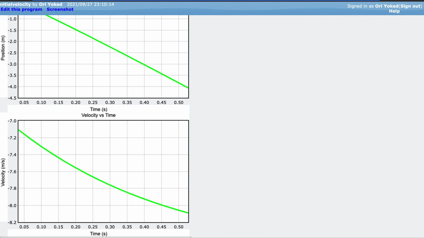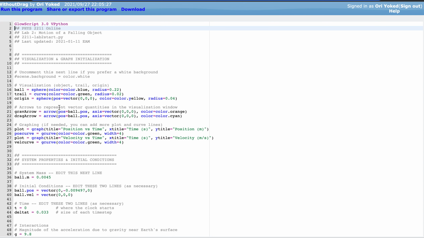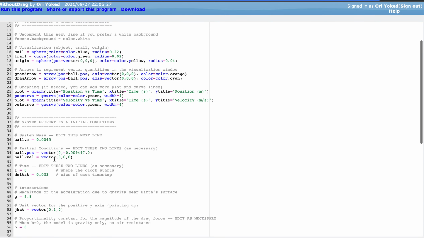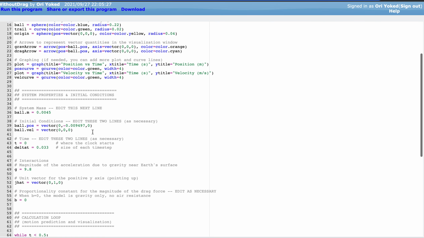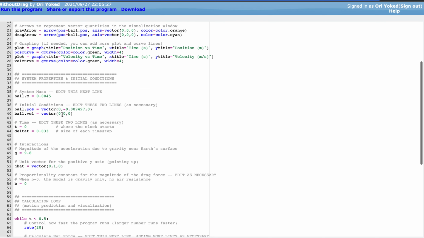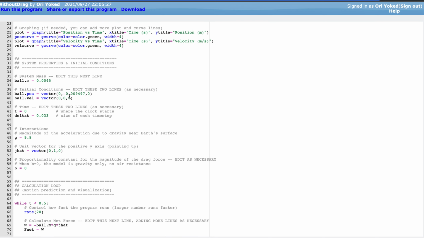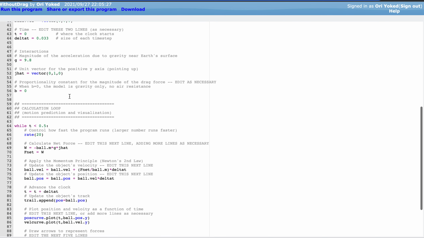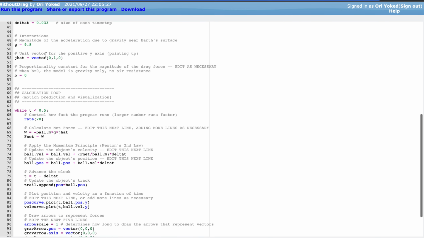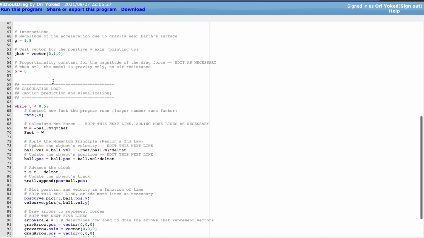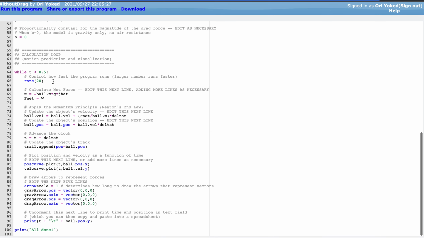And so here is my code for the model without drag. I have the mass of the ball, the starting position vector, the starting velocity vector, which starts at a velocity of 0 because it's at rest. And then I have j hat as 0, 1, 0 because we're only looking at the y. B is 0 because the model is only gravity.